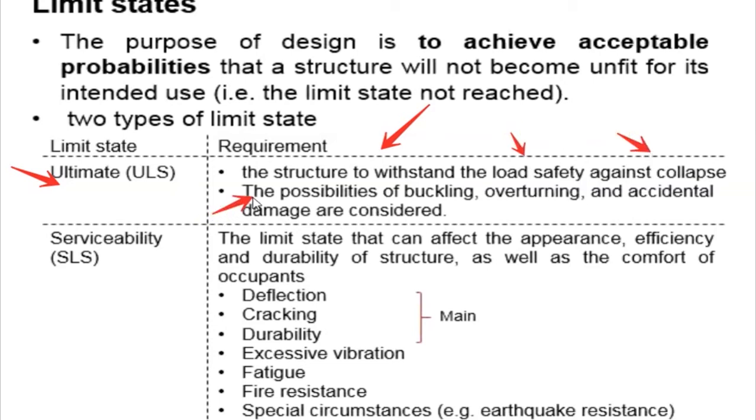Also the possibilities of buckling, overturning, accidental damage. These should all be considered under ultimate: no collapse, no accidental damage, no overturning, and no buckling. And these we say are the ultimate limit state. If you consider the ultimate limit state, all of these should be safe: the collapse situation, the accidental, overturning, and buckling.